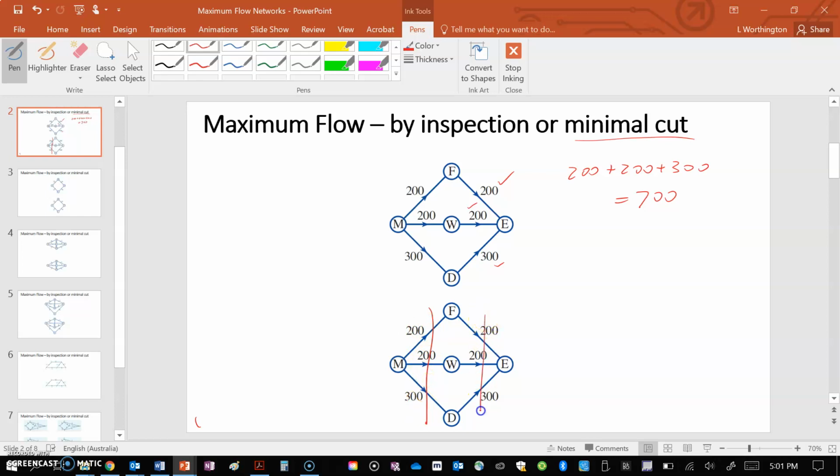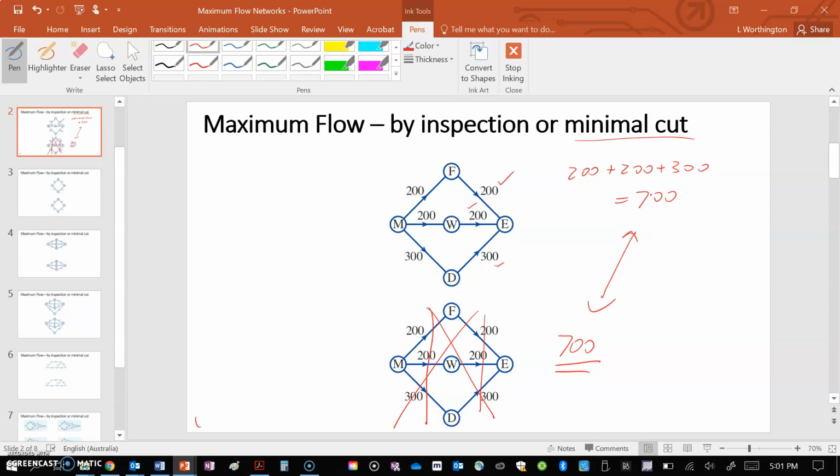If we cut it here, we've got going into it and then out of that cut is 200, 200, 300, 700. You could cut it completely in half there, and you got 200, 200, 300. You could cut it in half that way, 200, 200, 300, but no matter where you're cutting this, it's always 700. Okay, so that cut is going to equal what we got through inspection.